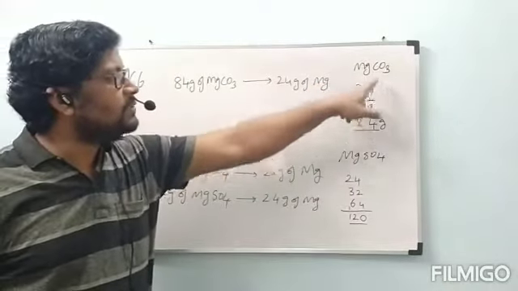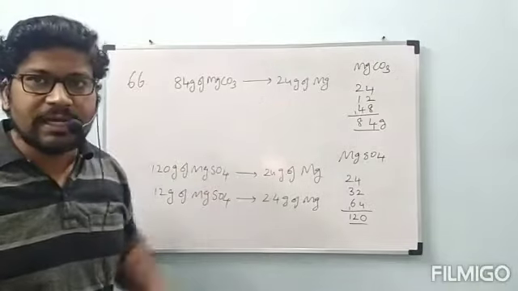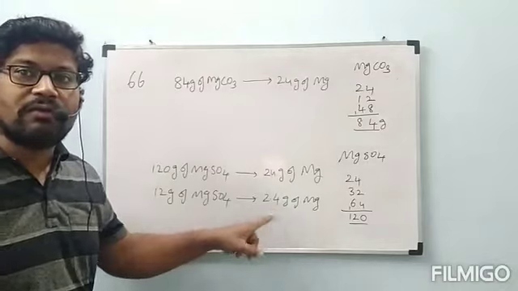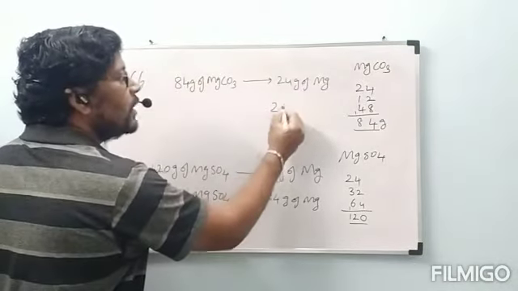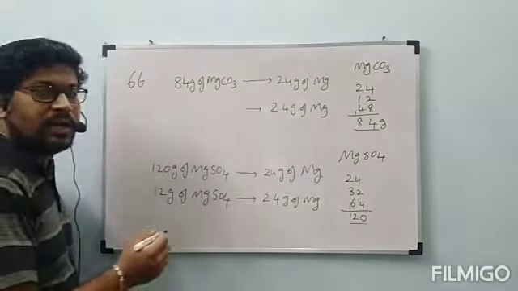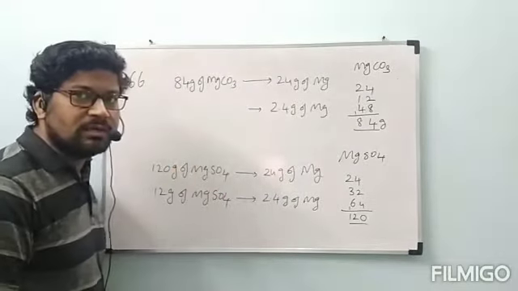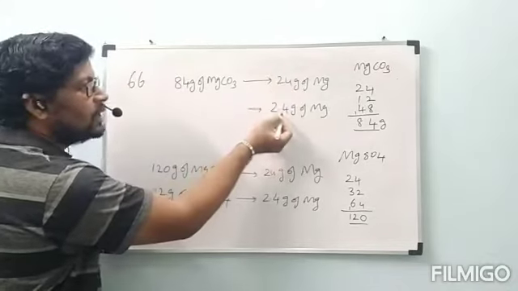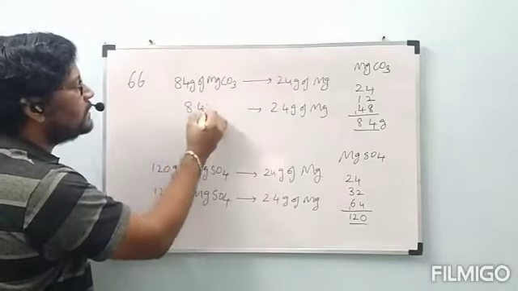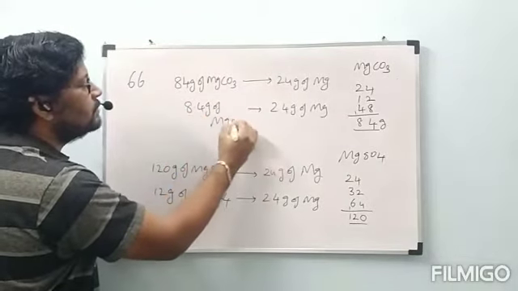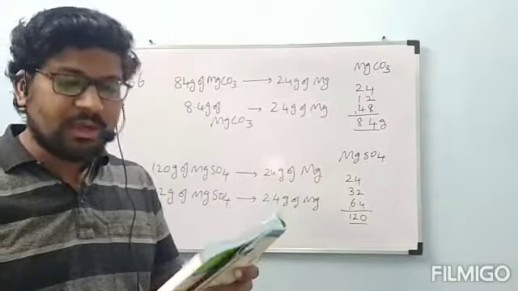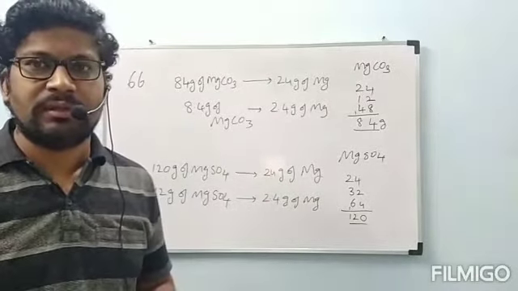Then how much magnesium do we want? 2.4 grams of magnesium. 2.4 grams of magnesium should be obtained from how much MgCO3? Here 24, here we got 2.4, that is divided by 10. Here 84 becomes 8.4 grams of MgCO3. So the answer is option 1, 8.4 grams of MgCO3.